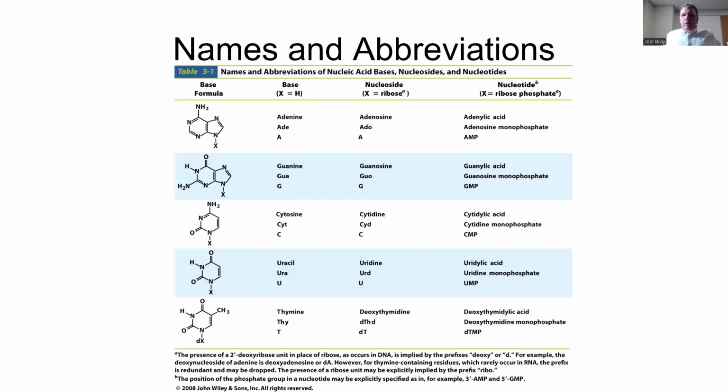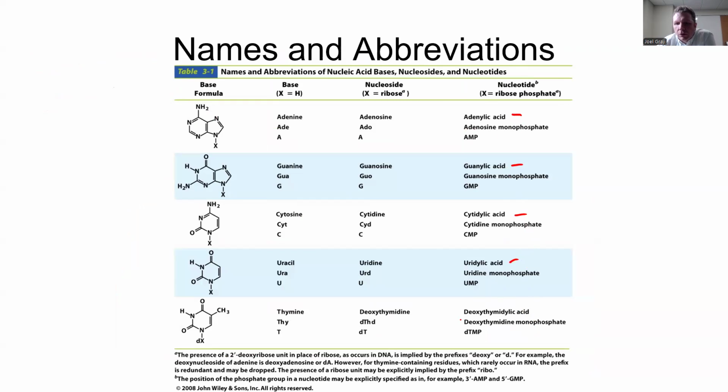Now, like I said, these do have naming conventions. For instance, adenylate or adenylic acid, guanylic acid, cytidylic acid, uridylic acid, deoxythymidylic acid.